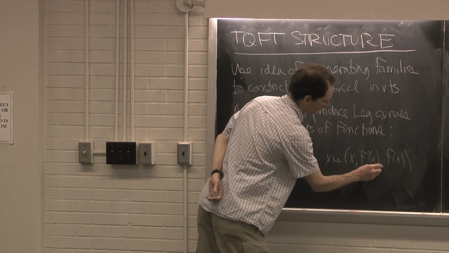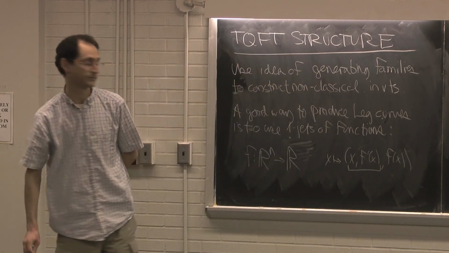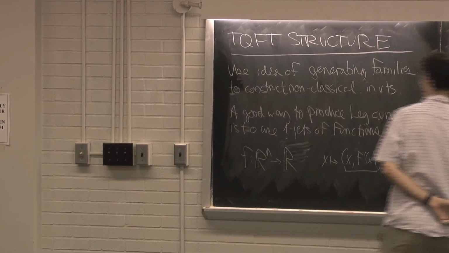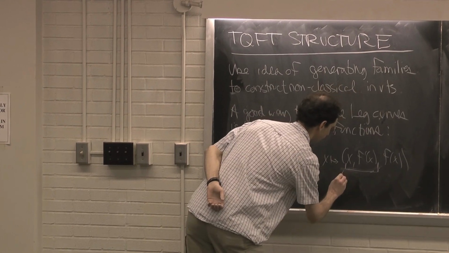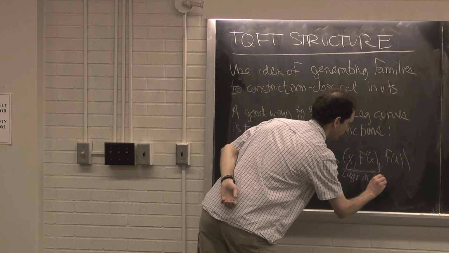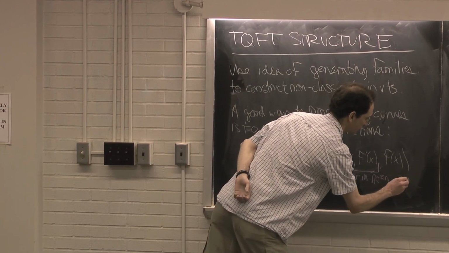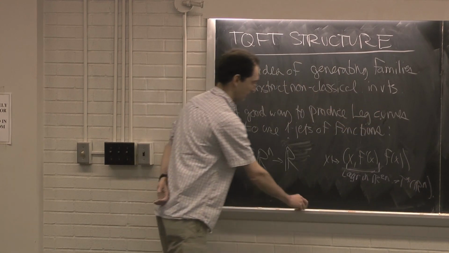Now the first two things give you a Lagrangian in R2n, and remember R2n is just the cotangent bundle of Rn. That's the right way to think about it.